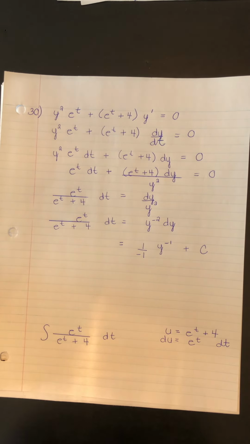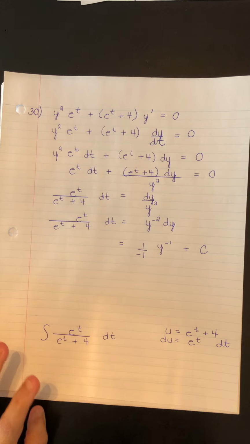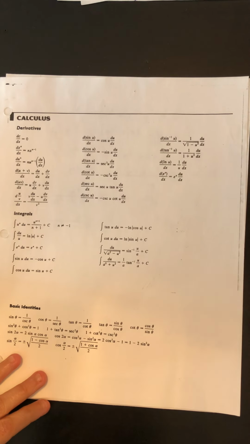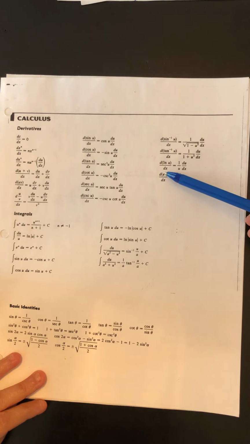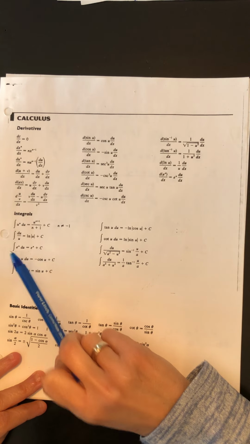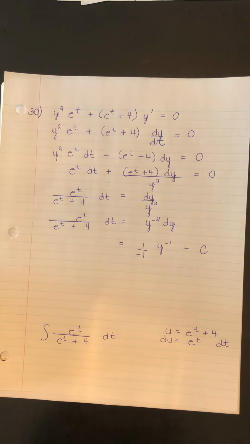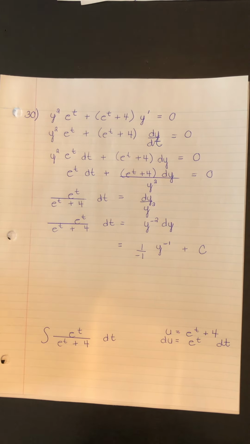So this is trying to remember how to differentiate and integrate the exponential function. So the derivative of e to the u is e to the u. The integral of e to the u is e to the u. But having said that, if you have e to the 5x, and I said, what is its derivative?